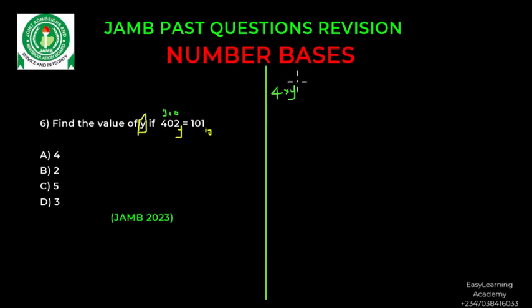The first one is going to be y raised to power 2, and then we need to put them all in brackets. But before then, let us have our plus sign, because we are expanding. So now say plus. We pick the next number, and the next number is, of course, 0.